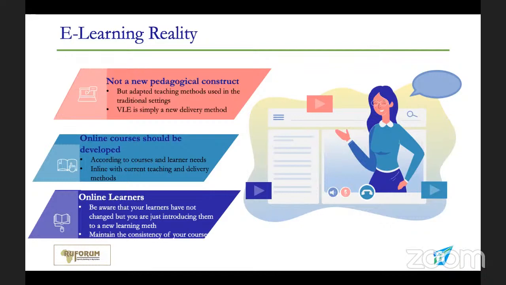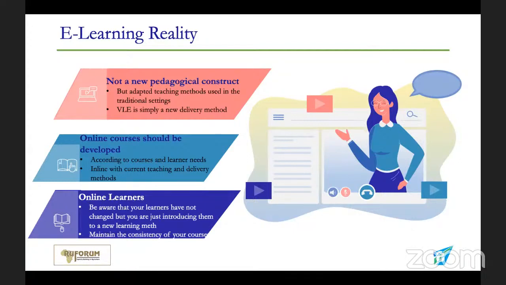Also, what we need to understand is that when we are developing all this content to be offered to the learners out there, since they are not within our midst, we expect them to be online learners, and we need to think about certain things. One of them is that for all the courses being developed, you have to have in mind the learner's needs. Not every learner comes to your class with the same needs.